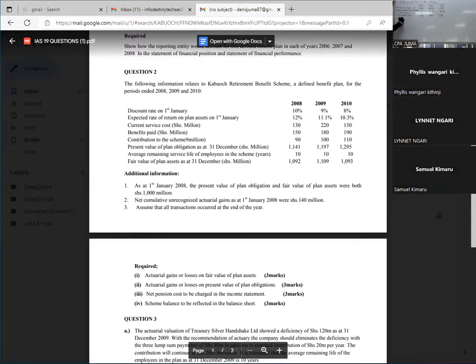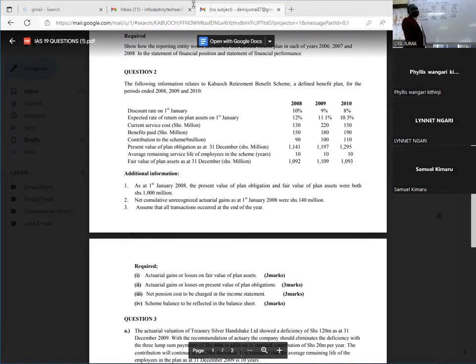Actuarial assumption: 2008 comes to 1060. 2009 comes to how much? 1133.21.